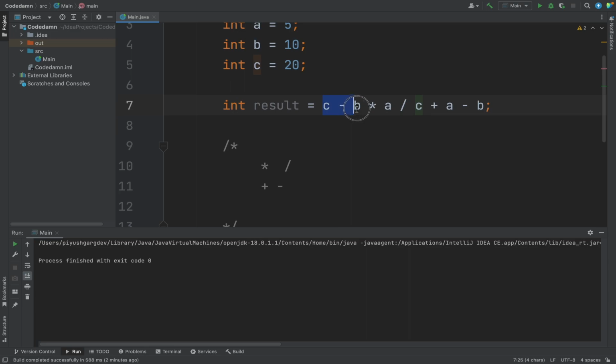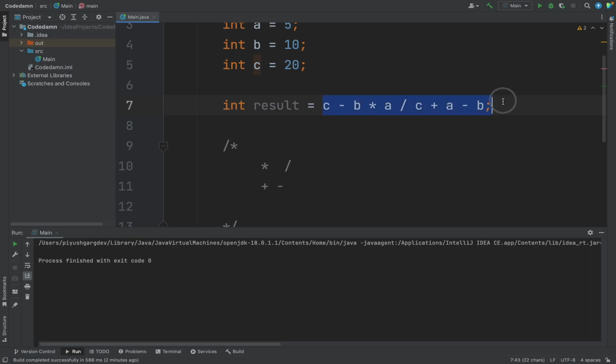The subtract operation will get ignored the first time. Why? Because they have a low precedence compared to multiply and divide. So the compiler will go from left to right, and in this case multiplication comes first, so first this multiplication will happen, then this divide will happen in the first go.